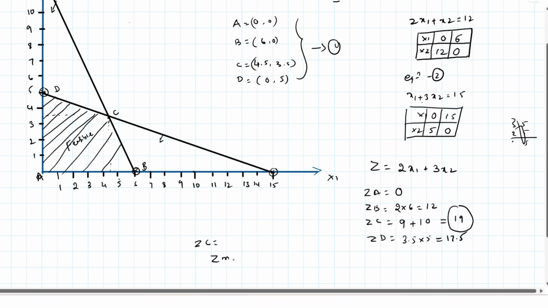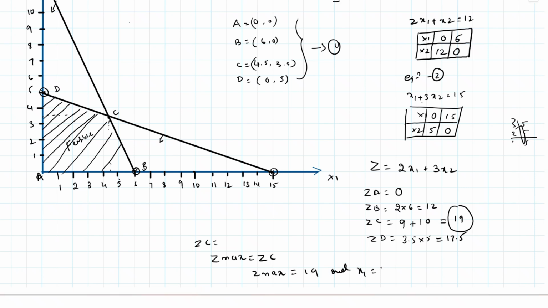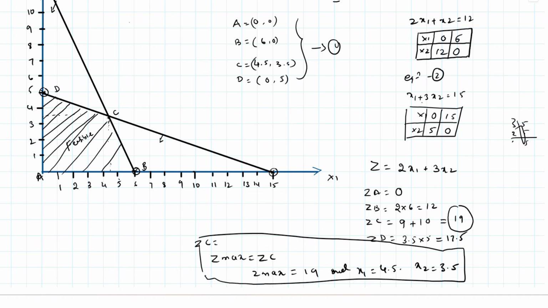Then Z max is equal to ZC, so Z max is equal to 19, and the coordinates for that Z max are x1 equal to 4.5 and x2 equal to 3.5. So this is the answer for this problem. Thank you.